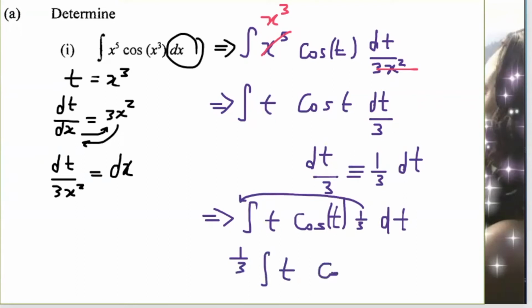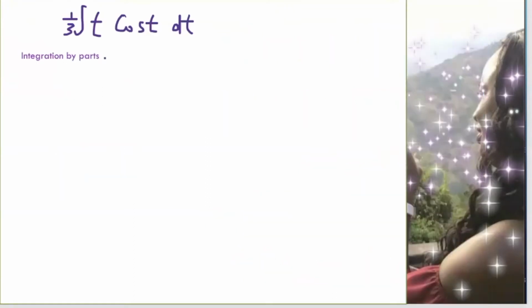So here we have to integrate this using by parts, because we still have two functions side by side, but it's simpler. So I'm going to let u be t, and dv being cos t.